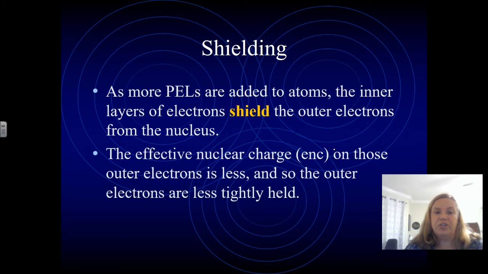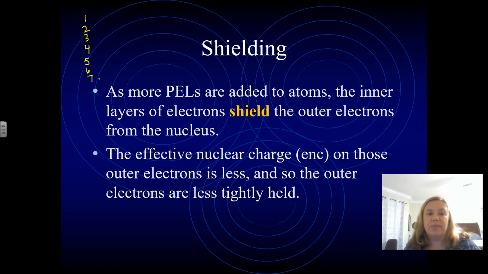The final thing here is shielding, and something else we need to think about as to how tightly those electrons are held. So as we add more principal energy levels, so principal energy levels are, again, like 1 through 7 on your periodic table, going through 1s, 2s, 3s, and so forth. As there's more principal energy levels added to these atoms, the inner layers of the electron shield the outer layers from the nucleus.